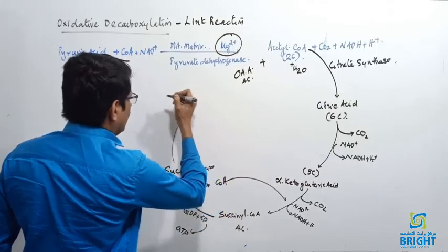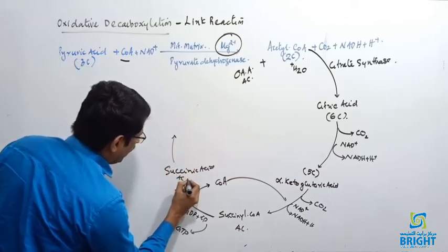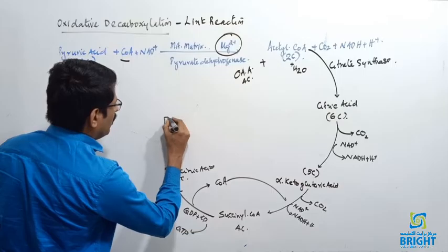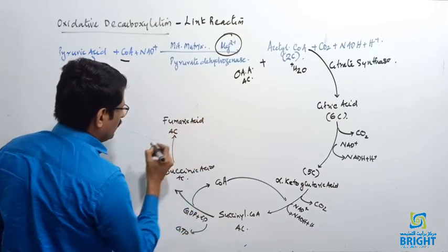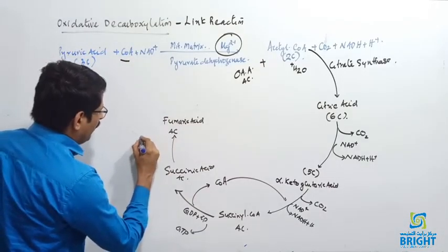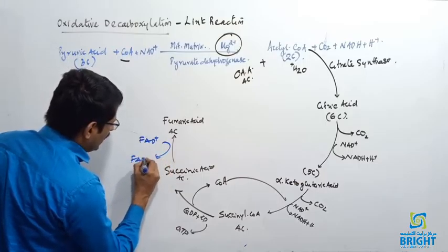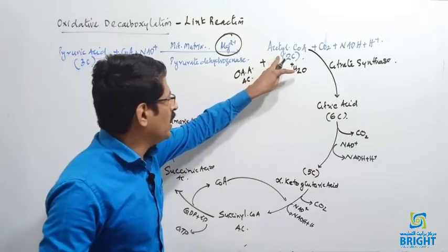Succinic acid is a 4-carbon compound, and it is converted into another 4-carbon compound called fumaric acid. And during this step, one molecule of FAD+ is converted into FADH2.